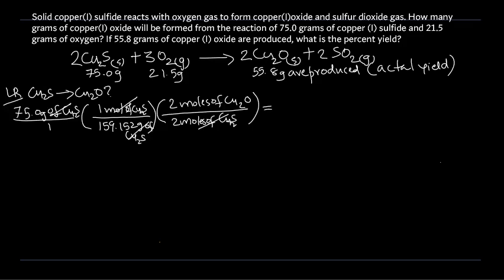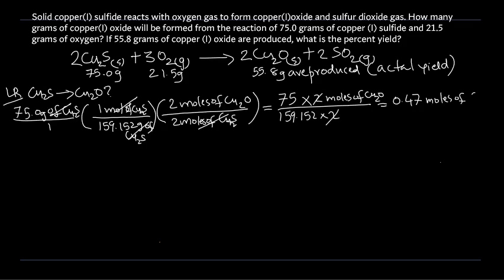So we have 75 times 2 moles of copper(I) oxide divided by 159.152 times 2. So the 2 we can cancel, and 75 divided by 159.152 equals 0.47 moles of copper(I) oxide.